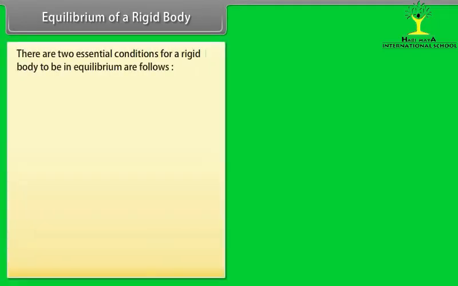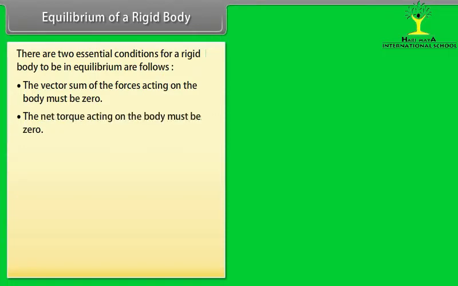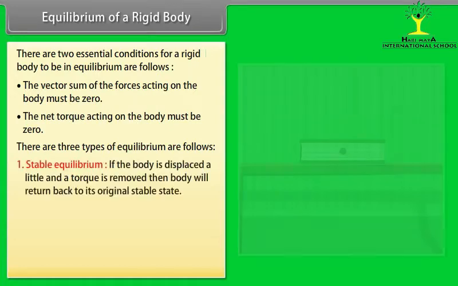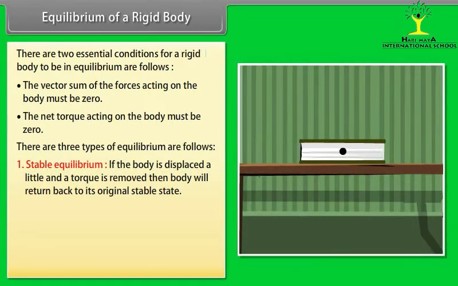Equilibrium of a rigid body. There are two essential conditions for a rigid body to be in equilibrium, as follows. The vector sum of the forces acting on the body must be 0. The net torque acting on the body must be 0. There are three types of equilibrium, and they are as follows. Number 1. Stable equilibrium.